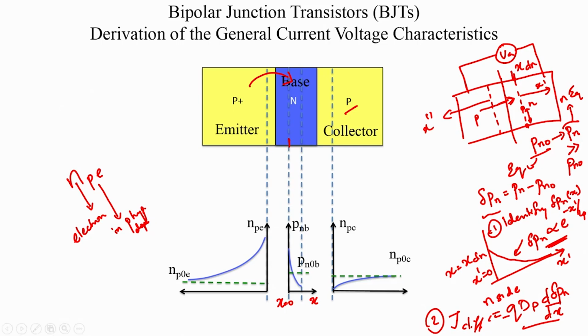So that is my x equal to 0 point. This coordinate system is defined as x dash. I would like to call x dash equal to 0 this point here, and this coordinate system is x double dash, with x double dash pointing in the opposite direction, and with x double dash equal to 0 defined at this interface.